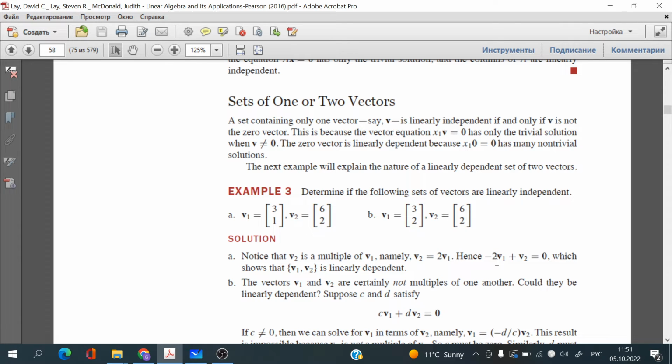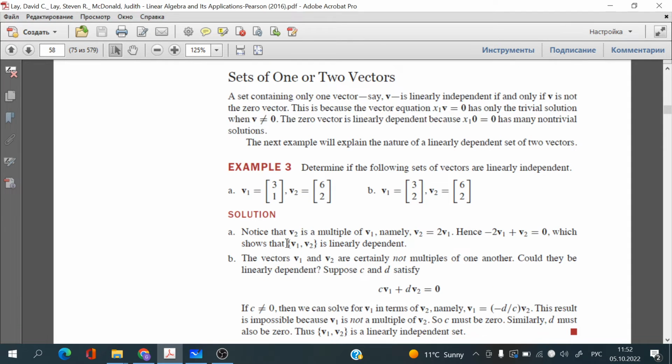Hence, minus 2v1 plus v2 equals 0, which shows that it is linearly dependent because they are multiples of each other. In the second example, the vectors v1 and v2 are certainly not multiples of each other, right? There is no way that you can multiply v1 and get v2.